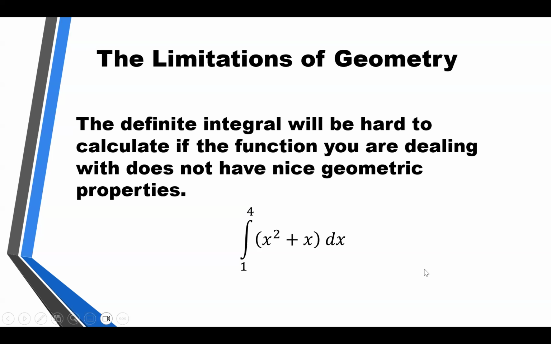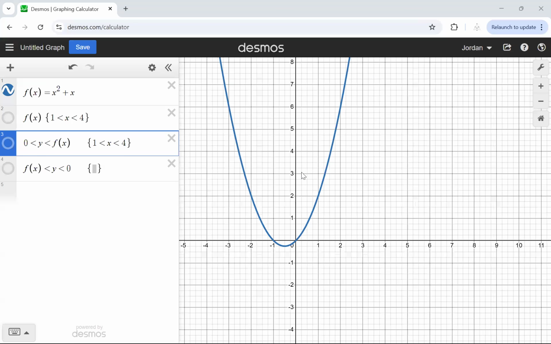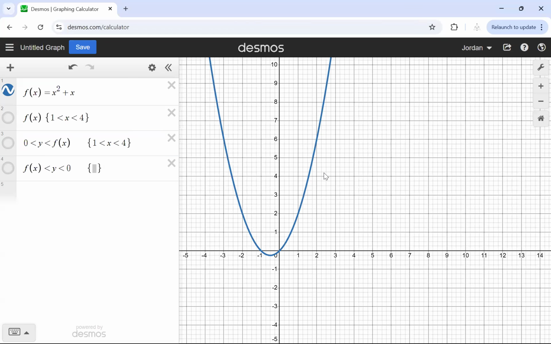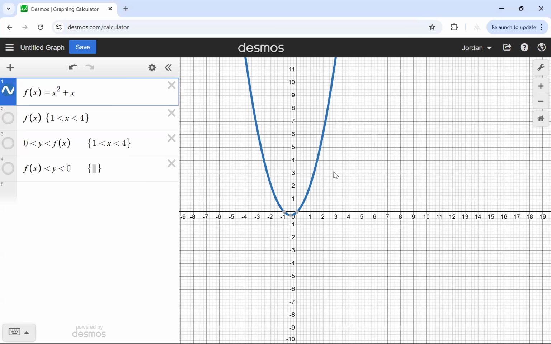Okay. And here's another one. This is just a parabola integrated from 1 to 4, x squared plus x. Let's go ahead and graph that just so you have a visual. So I've graphed that on Desmos. And if we're looking at from 1 to 4, we're going to start here and we're going to go all the way to 4. 4 is going to be way up there.